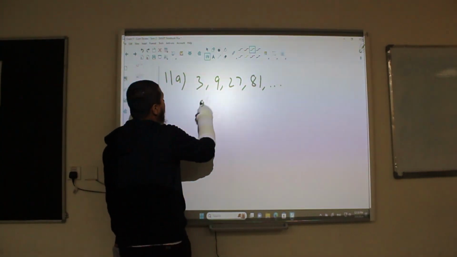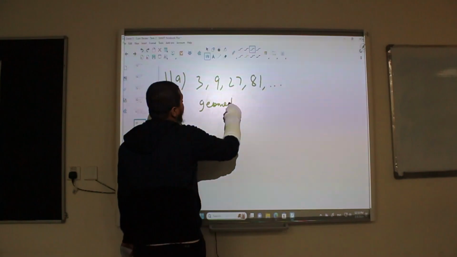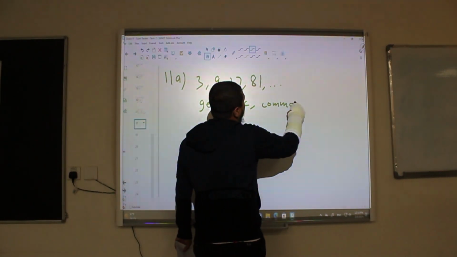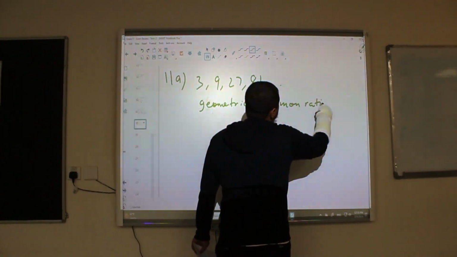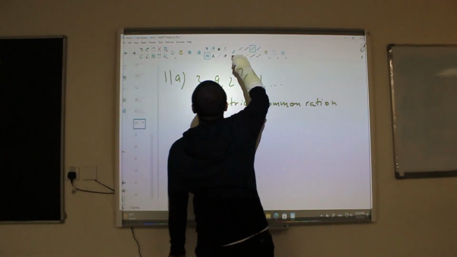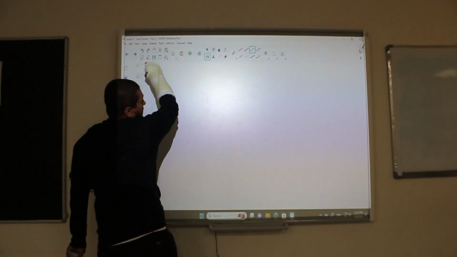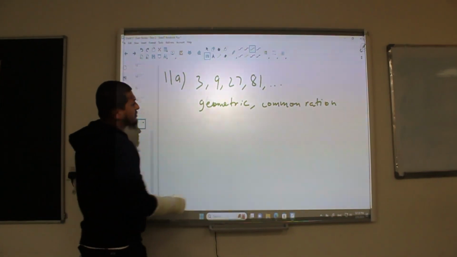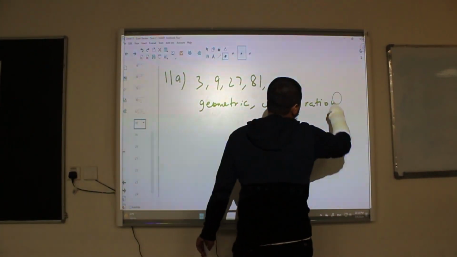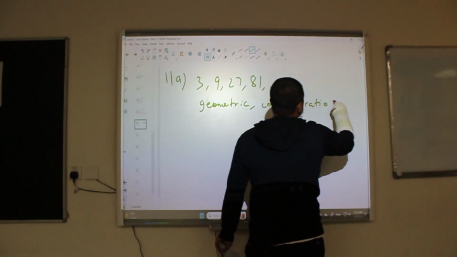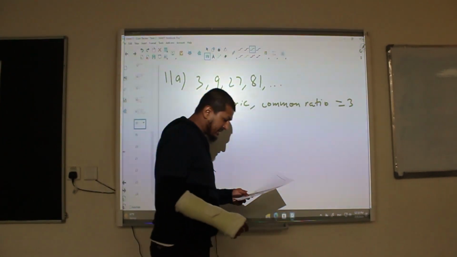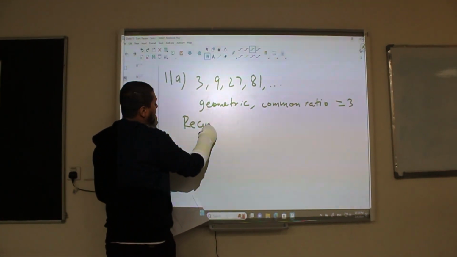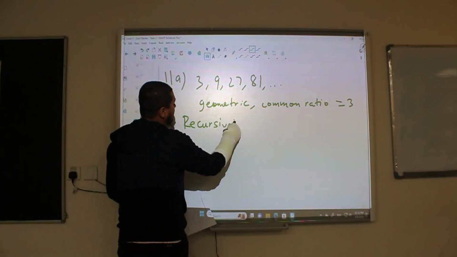Why is it geometric? Because the common ratio is equal to 3. And so what's the recursive formula for the geometric sequence?